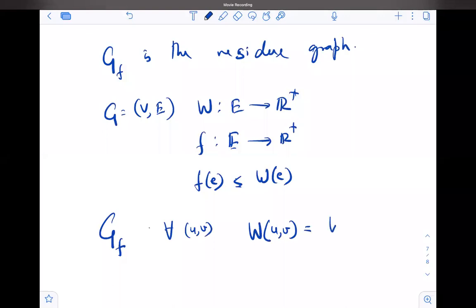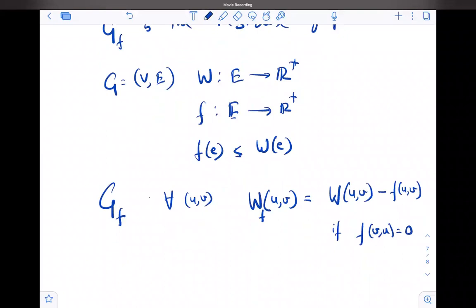So it is W of UV, the weight that was there, minus the flow that was going from U to V. And this is if F of UV is strictly more than 0. Maybe I should write this the opposite way. This is if F of VU is equal to 0. So if nothing is going in the other direction, then this is the case.